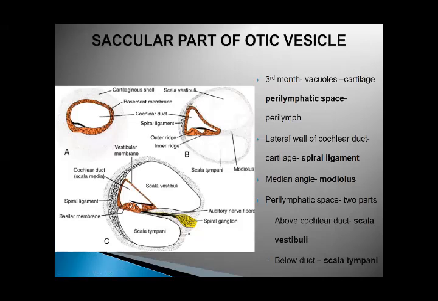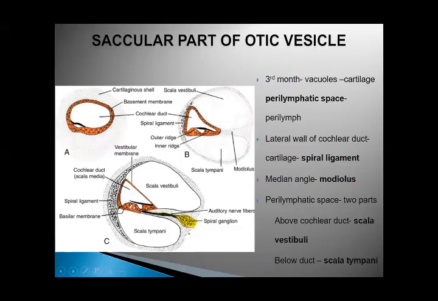In between this shell of cartilage, mesenchyme develops vacuoles that join together and form a space. Now this perilymphatic space surrounds the cochlear duct. Okay. However, some mesenchyme is still left.